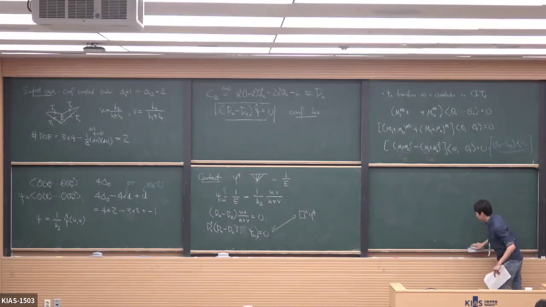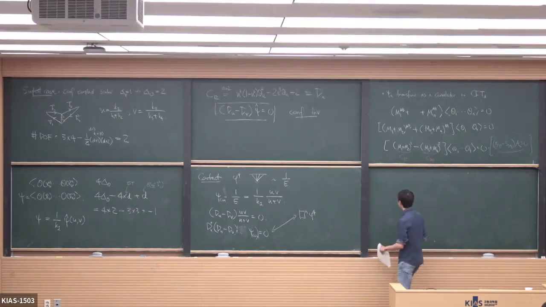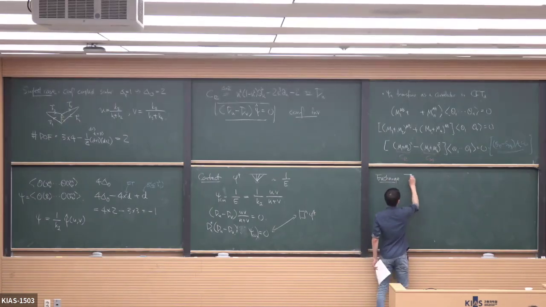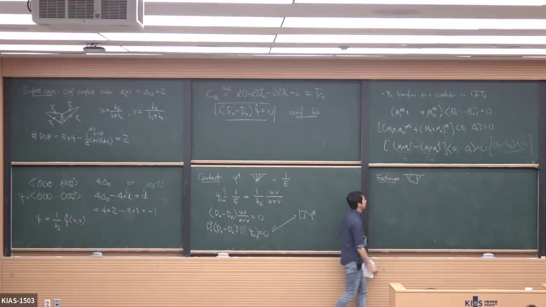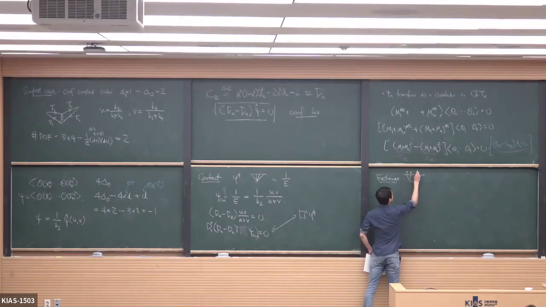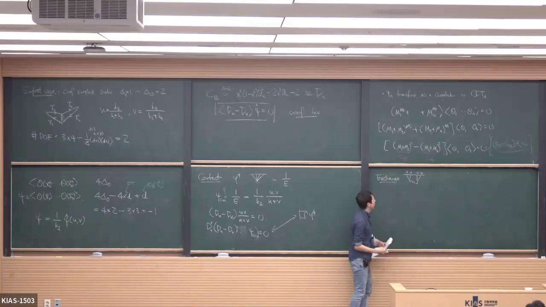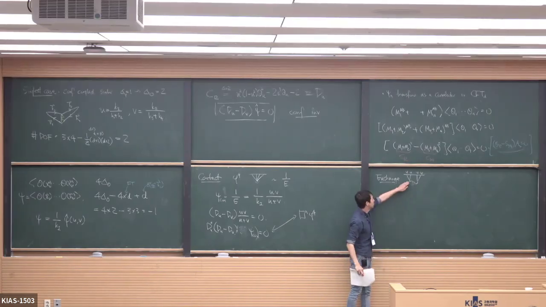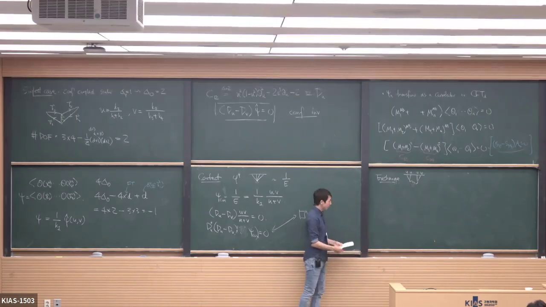Now, what about exchange diagrams? We want to consider diagrams like this. Here the phi are assumed to be conformally coupled scalars, but we want to compute this 4-point correlator with the exchange of some arbitrary heavy operator.